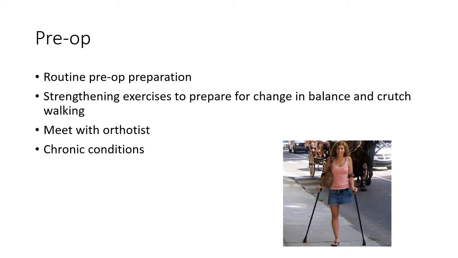So management of chronic conditions like peripheral vascular disease and diabetes mellitus matters, and some may have the amputation due to cancers. Those patients may need to continue their chemotherapy and other medications and other modalities. So they need to be prepared for that.